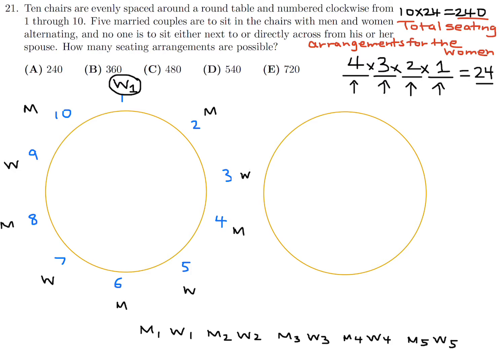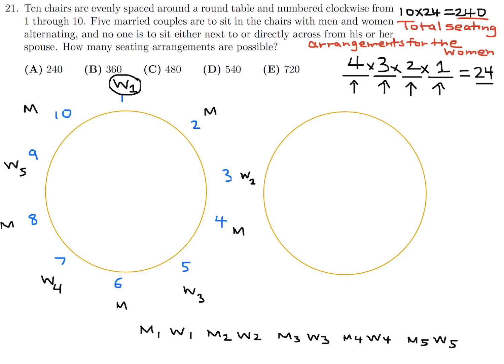For the other women, I'll just put them in order: W2, W3, W4, and W5. Now I've got to figure out the arrangement for the men. First and foremost, where does M1 go? M1 cannot go here or here, because the rule states that a man cannot sit beside his wife.